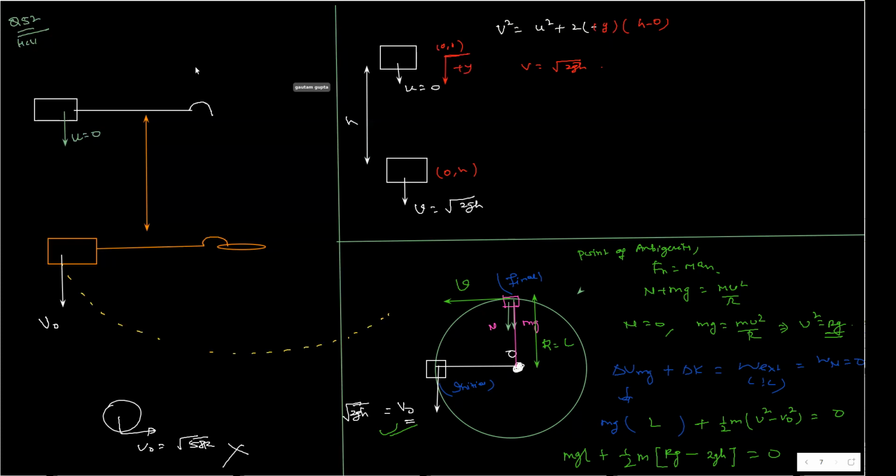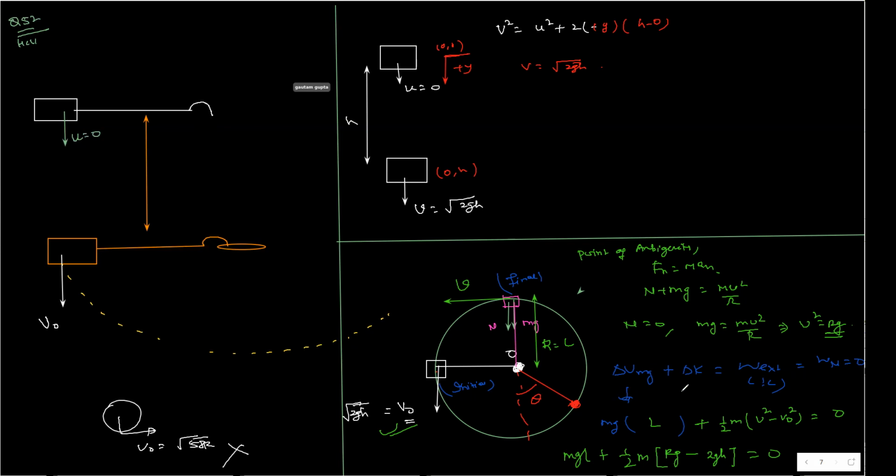Suppose they ask you to find the tension and the velocity at any arbitrary angle theta. You go by the same thing: consider an arbitrary angle theta, draw the FBD, write Fn equal to man at this theta, and write the initial and final conditions for energy conservation. Then you can find the tension and velocity at any angle theta.